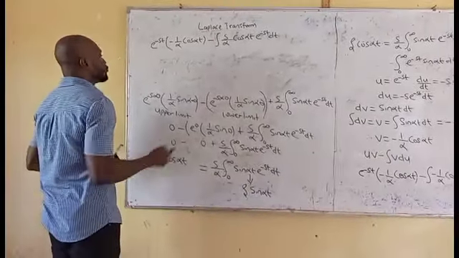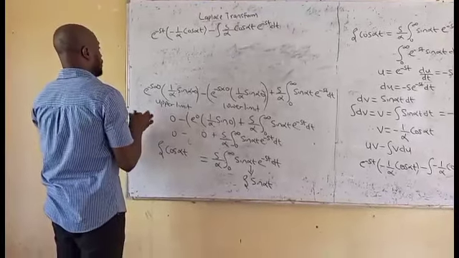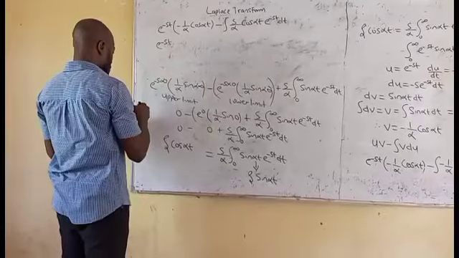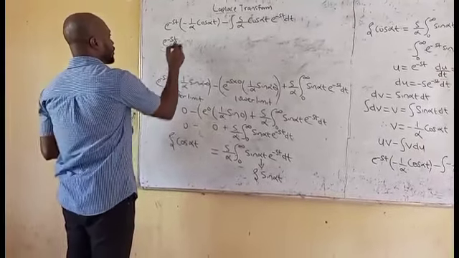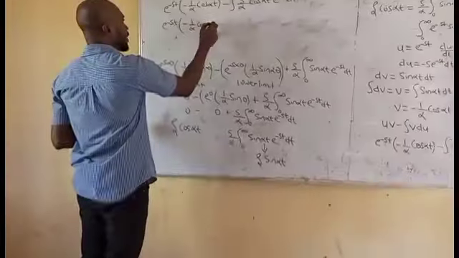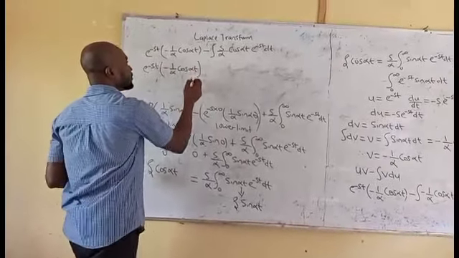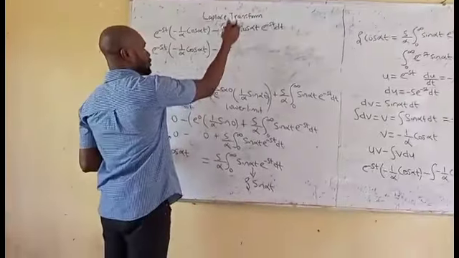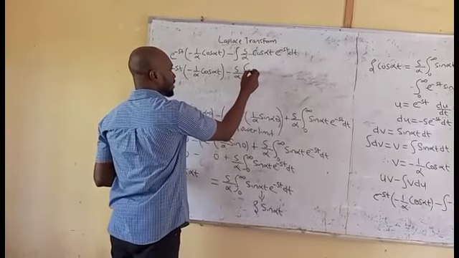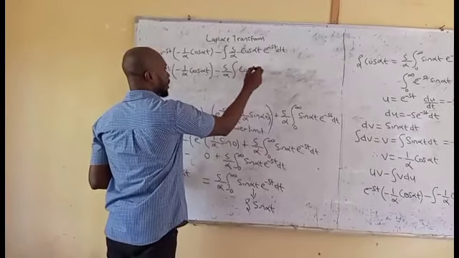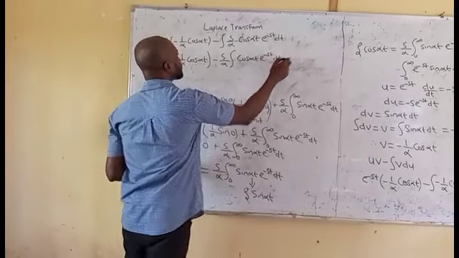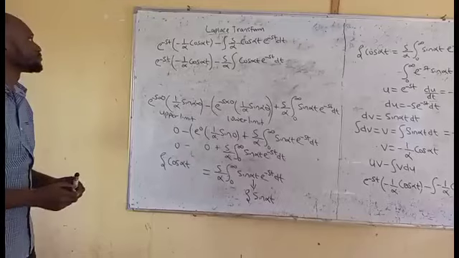If you bring it out, you're going to have exponential minus st into minus 1 over alpha cos alpha t, then minus x over alpha multiplied by the integral of cos alpha t exponential minus st times dt. We're going to have it this way.